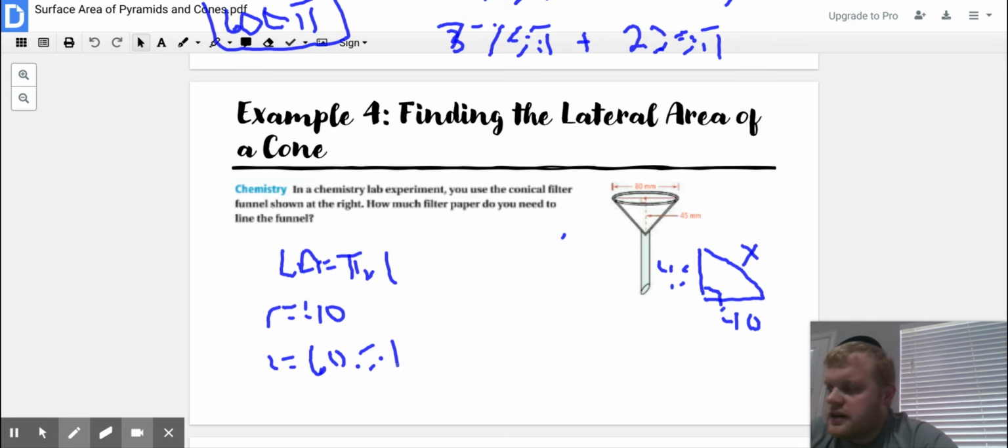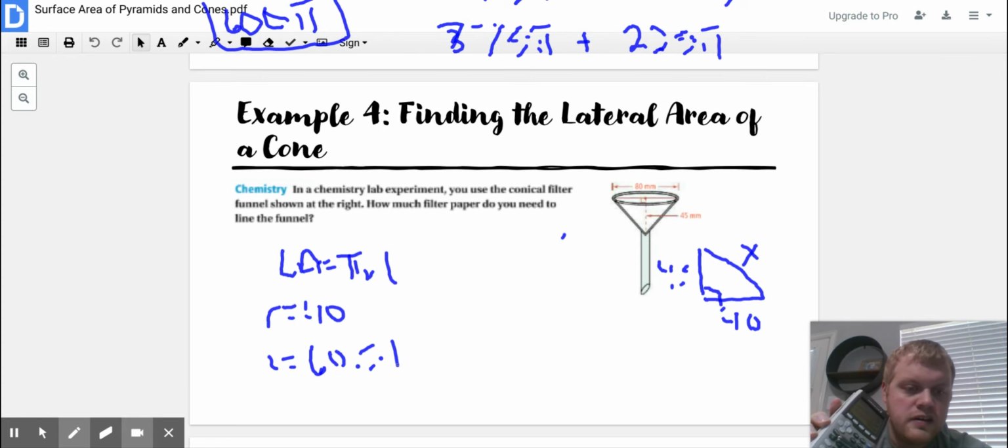All right, from here, now that we have that part, we're going to multiply those two numbers together. So that times 40. Again, they did not say that they wanted it in terms of pi, so I'm going to multiply that times pi, the symbol of pi. If you are not sure where that symbol of pi is, it should be right above your caret button.